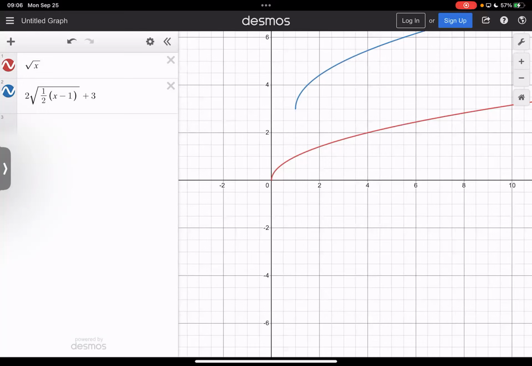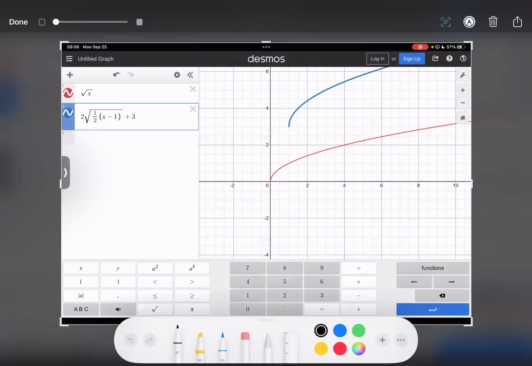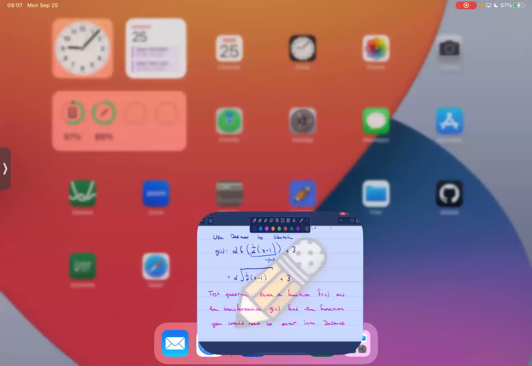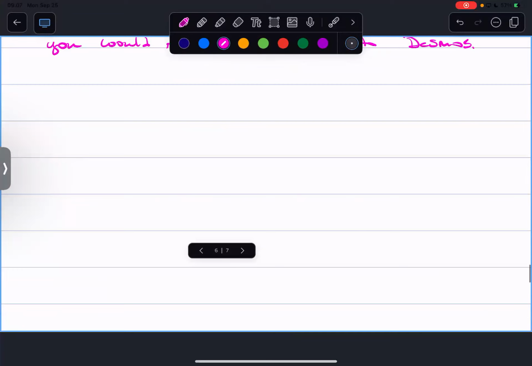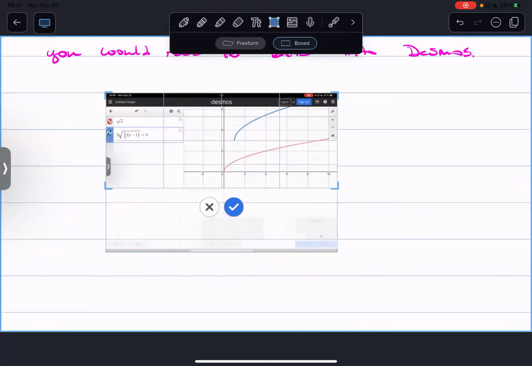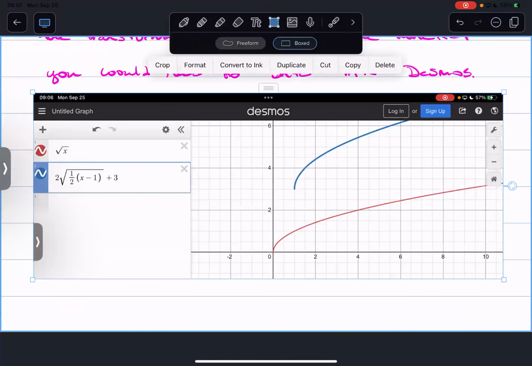I have to move to the right, right? X minus 1, I have to move 1 to the right. And then overall plus 3, I have to move it up 3. And then the stretches and compressions, well, it's anyone's game. That's not true. But for us, it is. Nice.